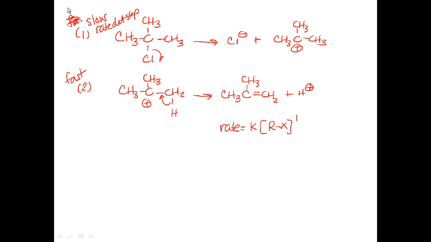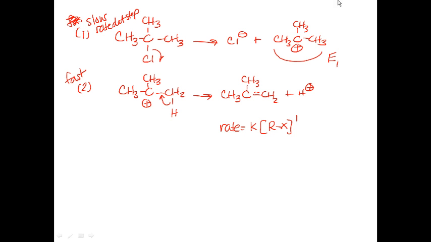So it turns out that whenever you do an SN1 reaction, because you form this carbocation intermediate, you will get usually a mixture of SN1 and E1 products. And so you'll get a mixture of unimolecular substitution and unimolecular elimination in this reaction.